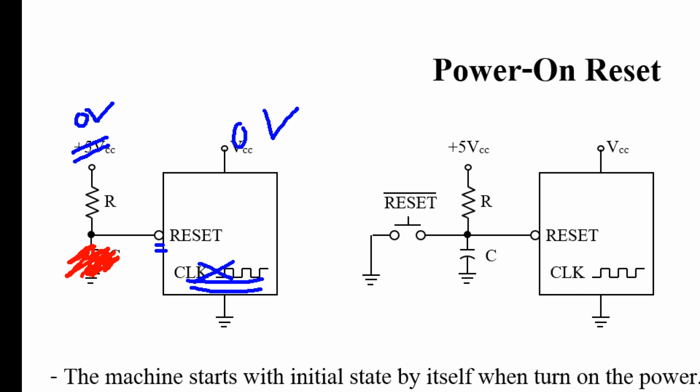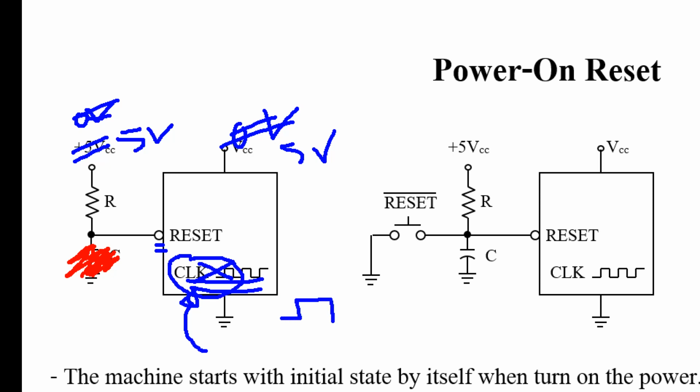And now what happened if we apply power supply into the circuit? Yes, this point becomes 5, right? It becomes 5. Okay, the clock also gets some power supply, but the clock signal does not generate a perfect clock or square wave suddenly.